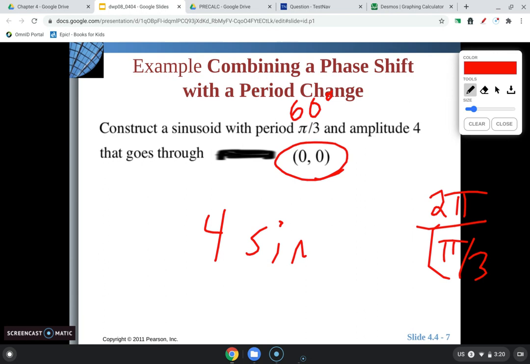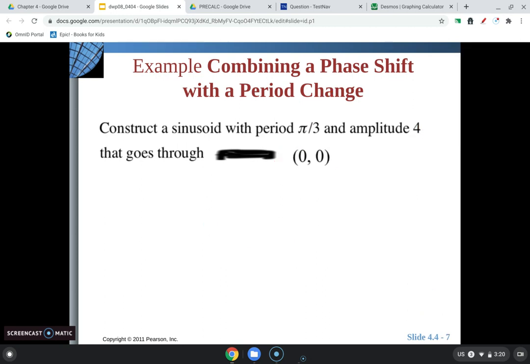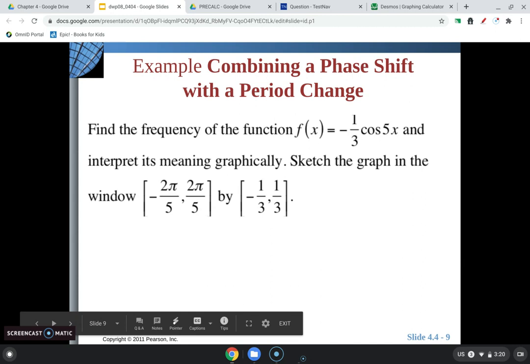If you do that on your calculator, the pi's cancel out, and you end up with 6. So 4 sine 6x. If you want to put it in degrees, you would take 360 divided by 60, which gives you 6. Doesn't matter which way you do it. So 4 sine 6x. Okay, we got that right.